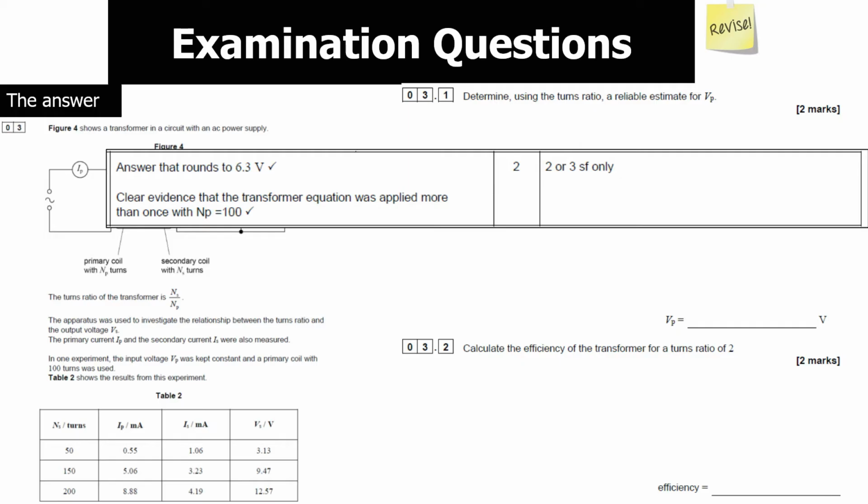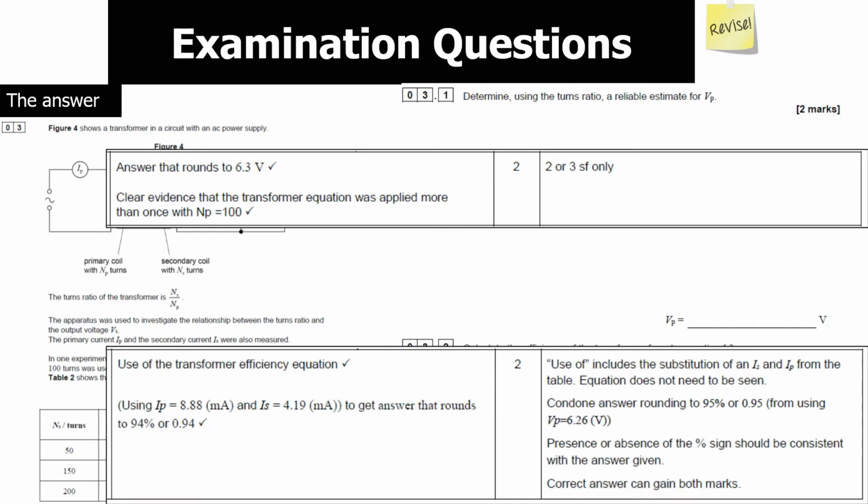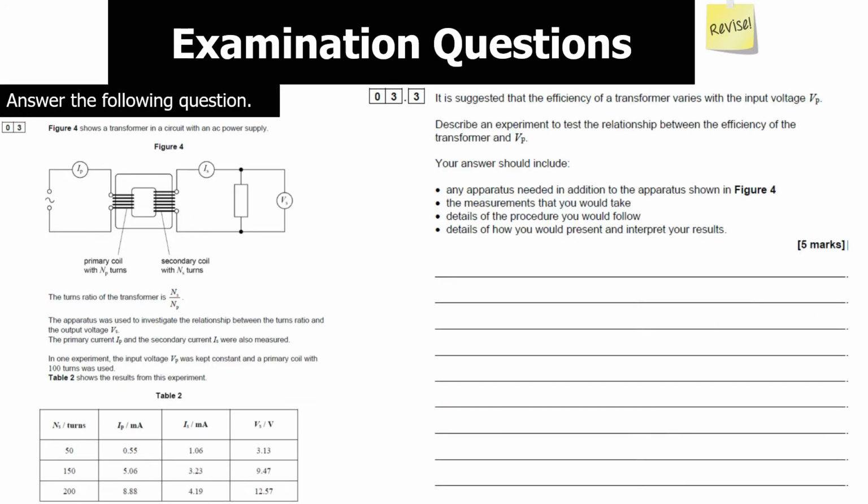So straight away, how can we work it through? We can work out our values from there, and then work out our secondary power and our primary power by working values through like so, to then get our answer of 0.94, which gives 94%.